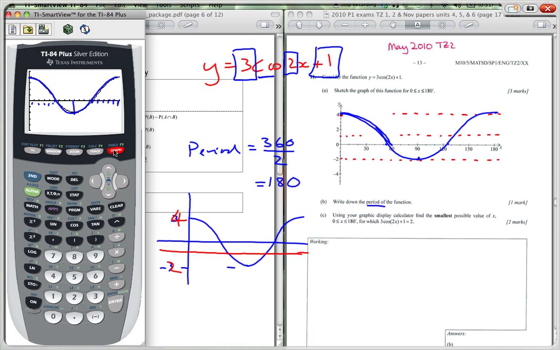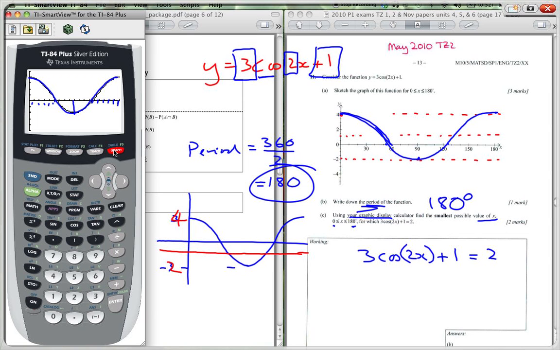Then it says write down the period of the function. Well, we've already worked that out, so that's 180 degrees. And then it says using your graphics display calculator, find the smallest possible value of x between 0 and 180 for which 3 cos of 2x plus 1 is equal to 2.